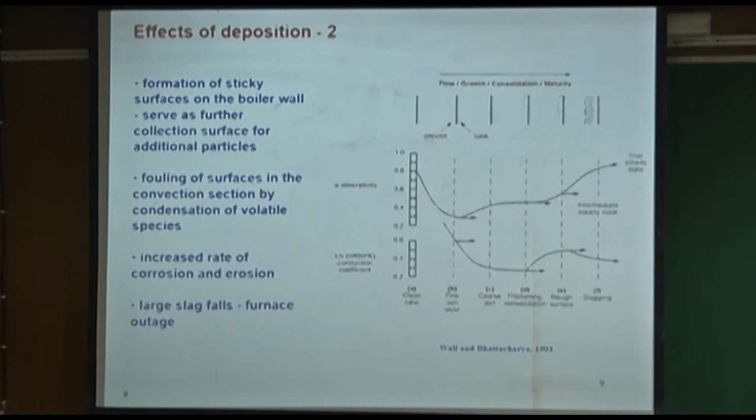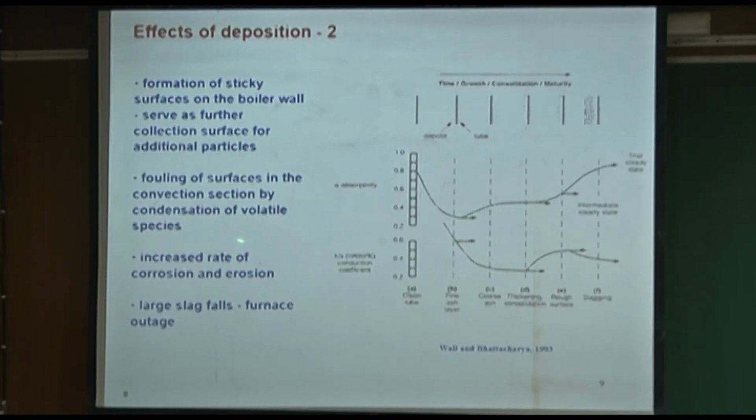We did it at the Eraring power station, I think, at the time. The fine ash layer is deposited, and then the heat transfer drops. So with time there is growth of the deposits, and then that consolidates, and that then matures. If you allow that to happen, then everything will run away, and you will not be able to get the desired performance. So this is what we postulated at the time.